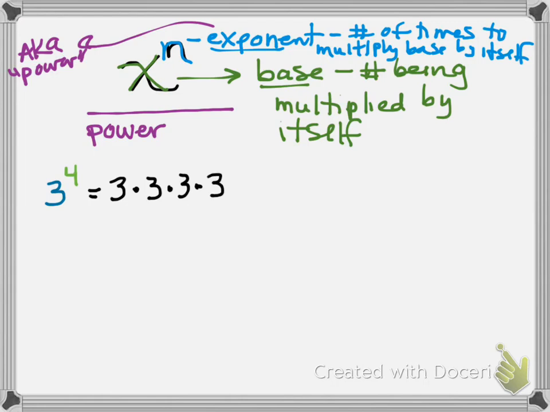How did I know when to stop? Well, 1, 2, 3, 4. It's got to match the exponent, okay? Now, a lot of people start memorizing these little ones because you see them so often, all right? And then the value is going to be just what the product is. So we end up with 3 times 3 is 9, times 3 is 27, times 3 is 81. Okay.